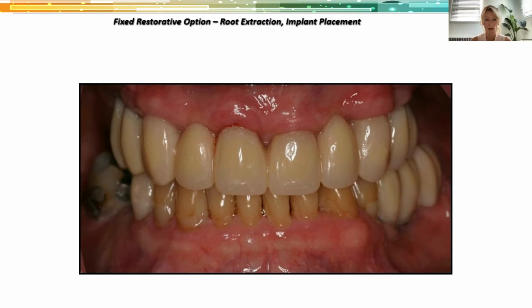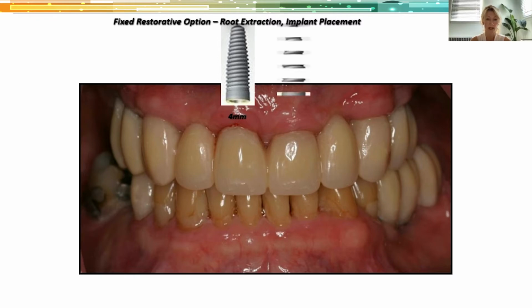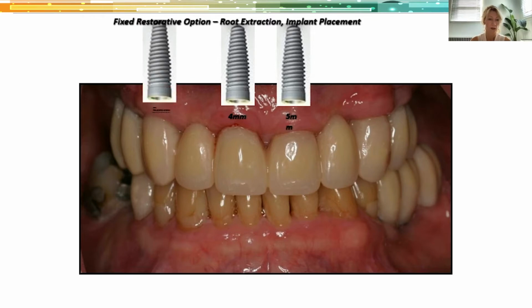In this case, to even out those margins, we would simply place the implants at different depths. For example, if we decide that our number 8 is in good position for the margin, or it can be brought apically maybe another millimeter, we will plan our implant to be about 4 millimeters from that margin. However, number 9, we will place a little bit deeper, about 5 millimeters, and the canine would go about 3 millimeters because it looks in good position, the same with the other canine.